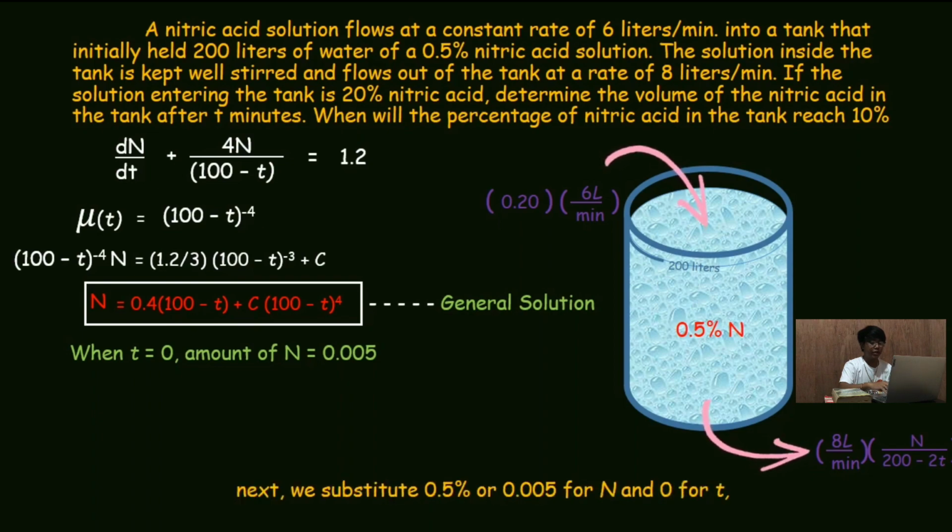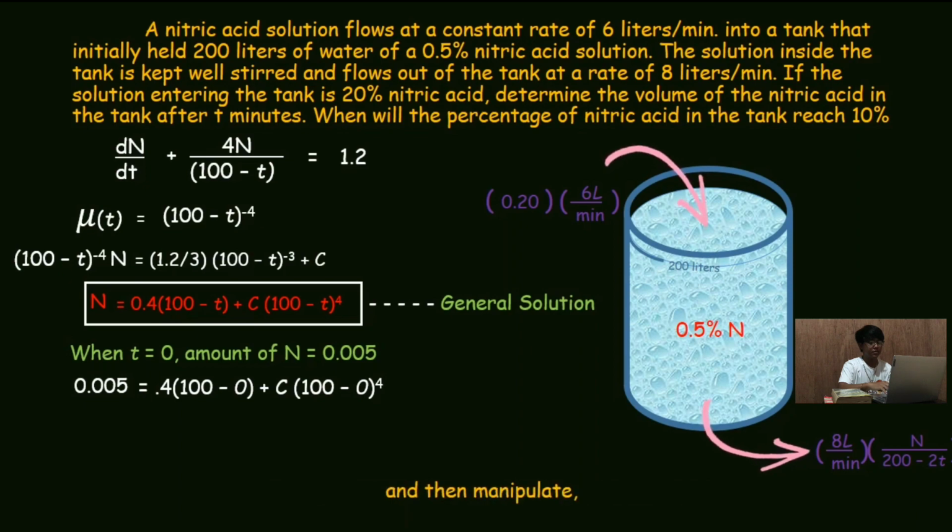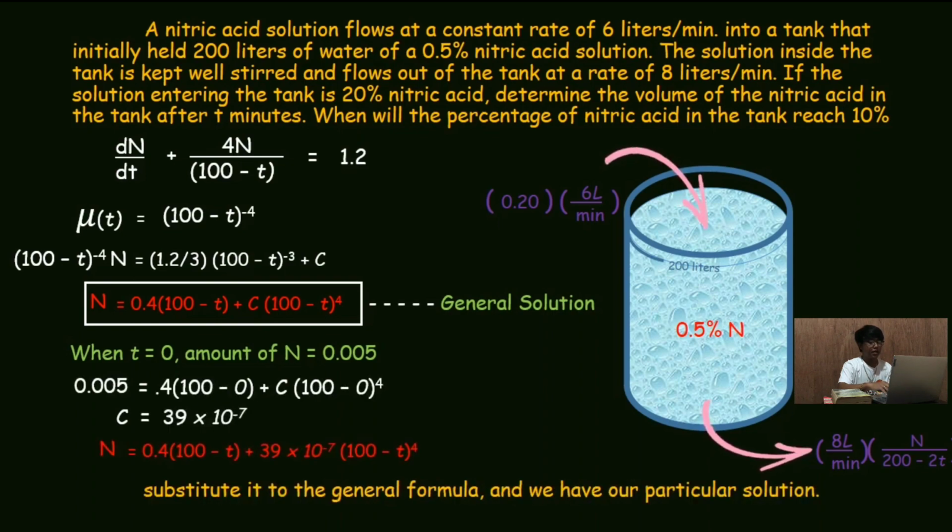Next, we substitute 0.5% or 0.005 for N and 0 for T, and then manipulate. Then we'll have the value of C. Substitute it into the general formula and we have our particular solution.